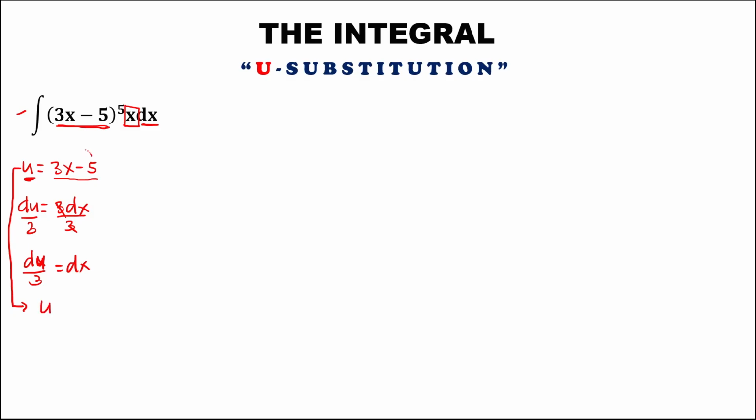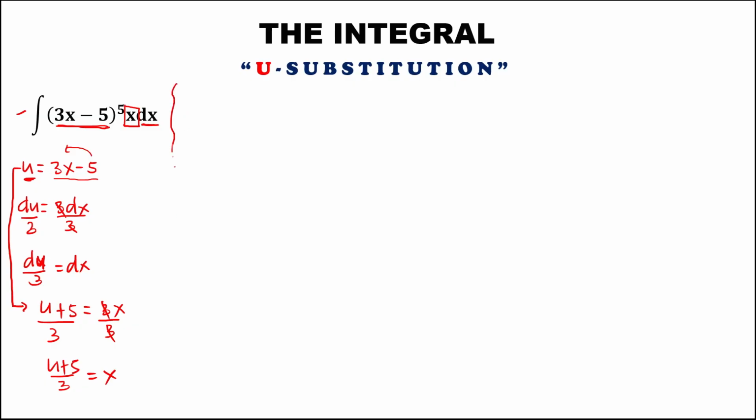Transpose this negative 5 to the other side to solve for x. So u plus 5 equals 3x. Then again, to solve for x, divide both sides by 3. So therefore, (u plus 5) over 3 is equal to x.